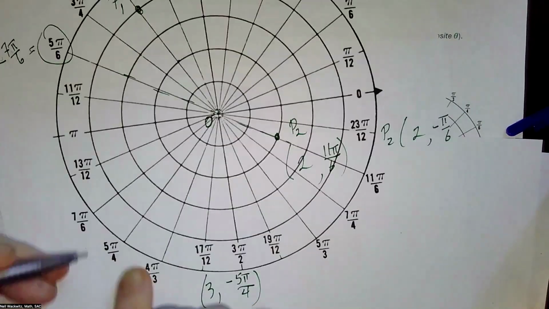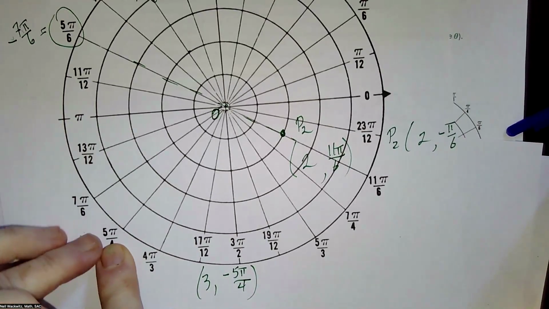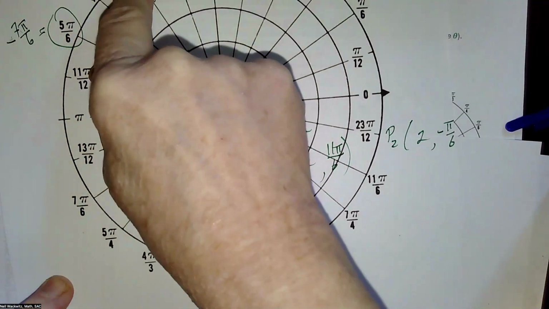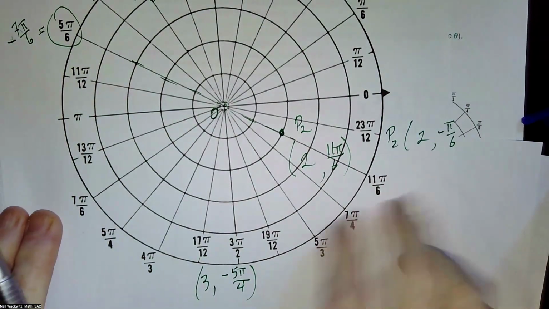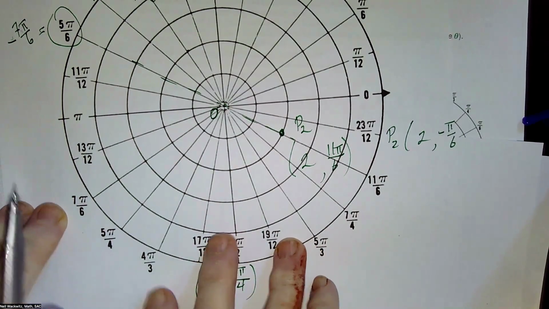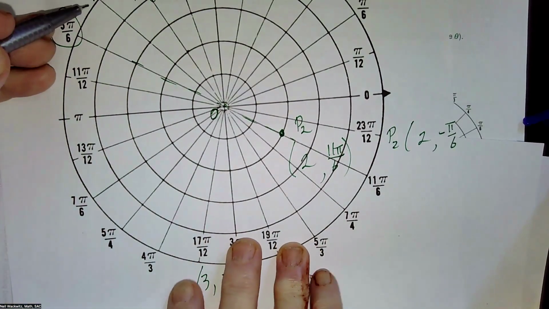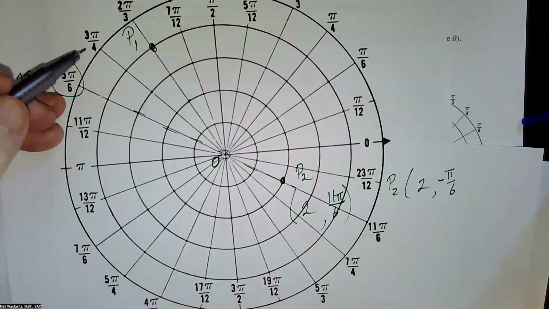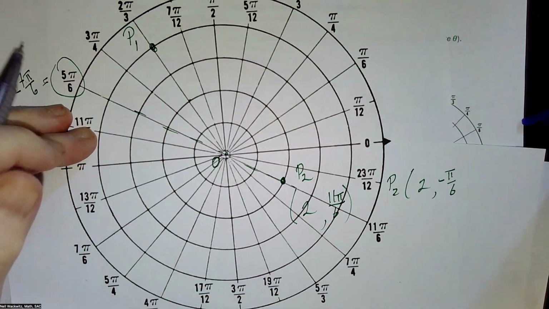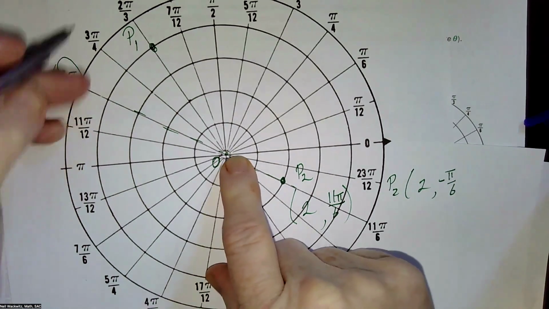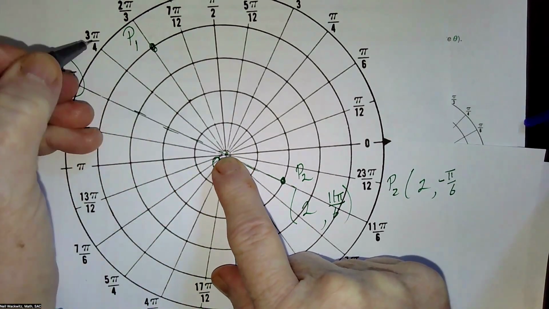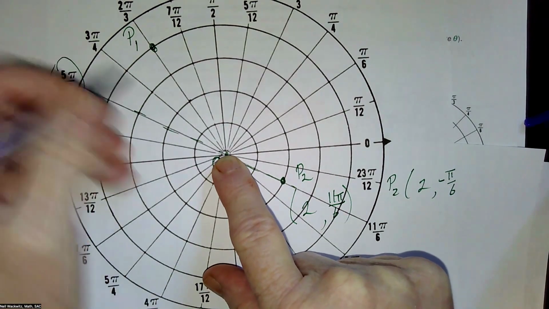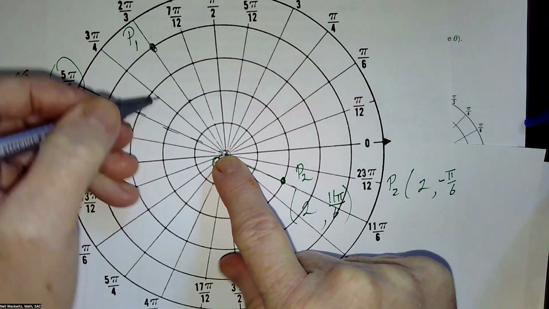It's in quadrant 3. That means if I'm going backward, it'll be in quadrant 2. And it will line up with the other pi/4 angle. So it's going to line up here with 3 pi/4. We said that r was 3. So we're going to begin at the pole along this line and go toward 3 pi/4, 3 units.